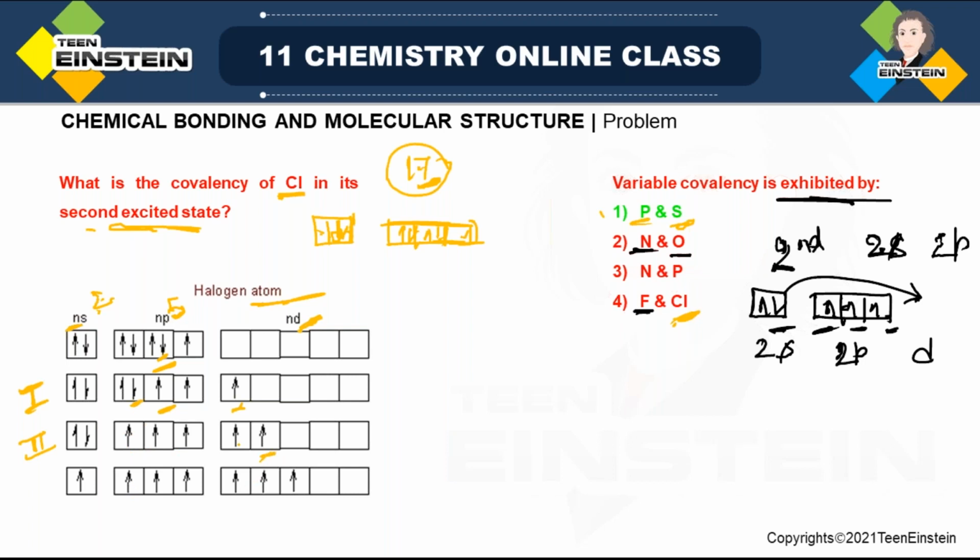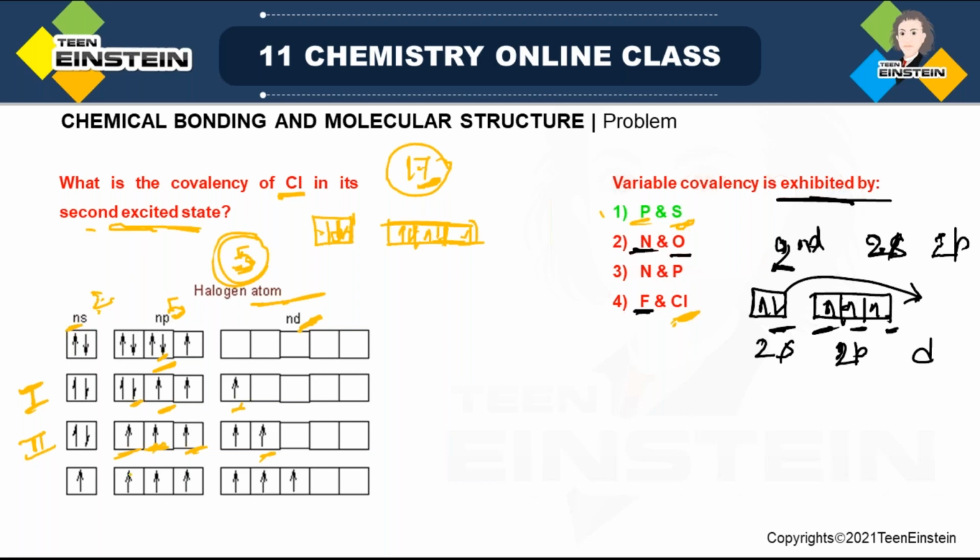After the second excited state, how many unpaired electrons are present? Total 5 unpaired electrons are present, 3 in np and 2 in nd. Basically for chlorine it is 3p and 3d. That means the covalency of chlorine in the second excited state will be 5. So the correct answer is 5.